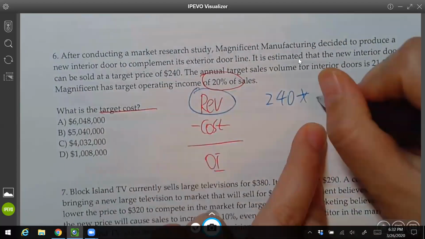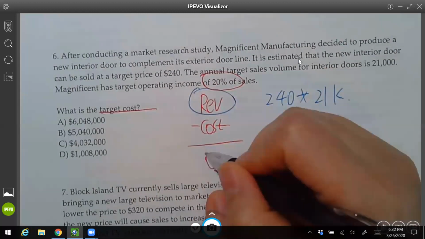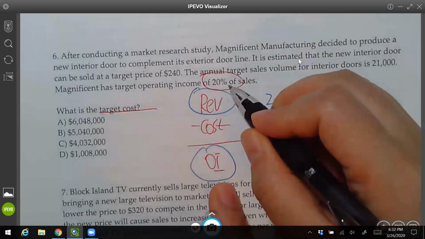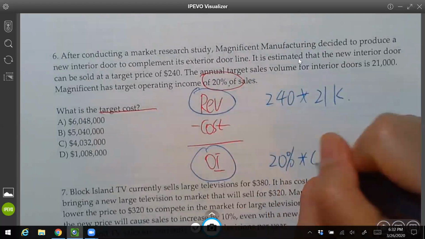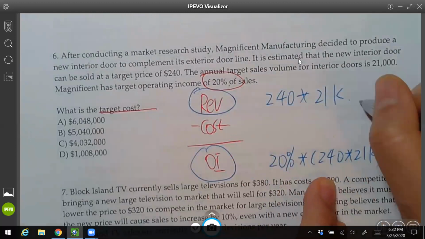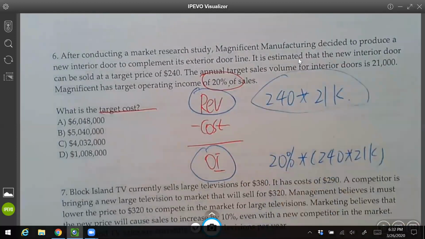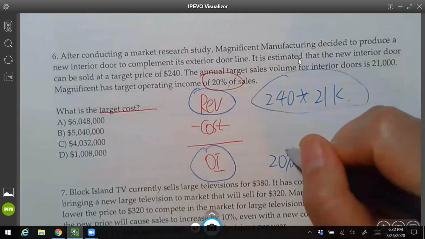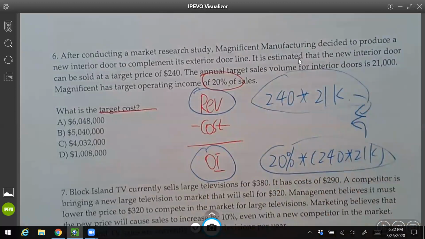Then you are selling 21,000. And then you want 20% of sales to be your income. So your 20% of your 240 times 21,000. The market already decided the revenue, the selling price. You require the operating income. So you derive your target cost.